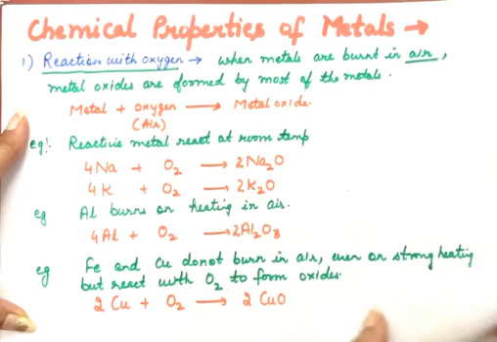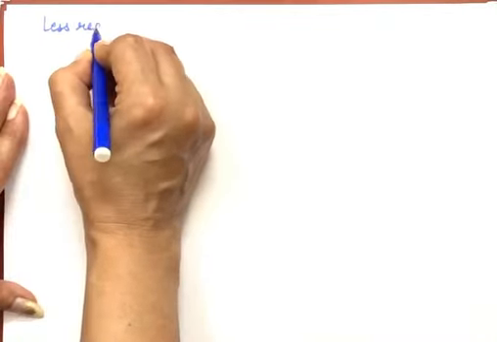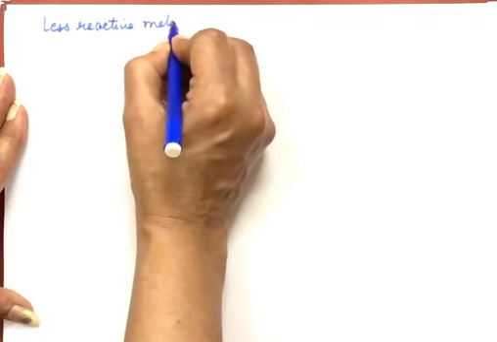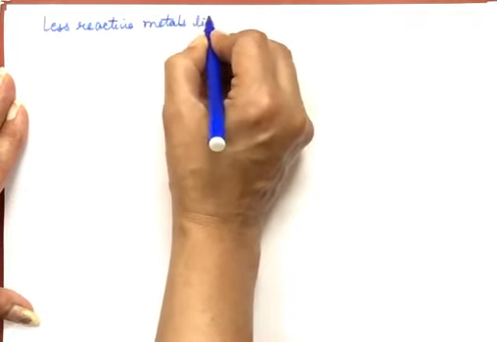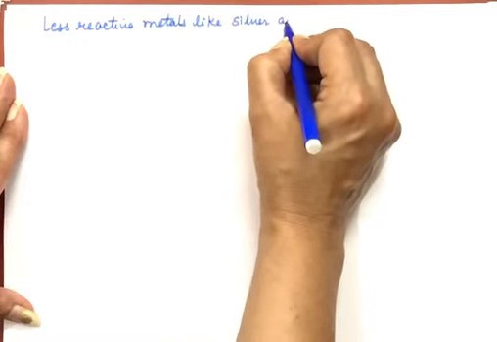But some of the metals do not react with air, and these metals are less reactive metals. That is why these are called less reactive, because they are not burning in air. Examples of less reactive metals are silver and gold.